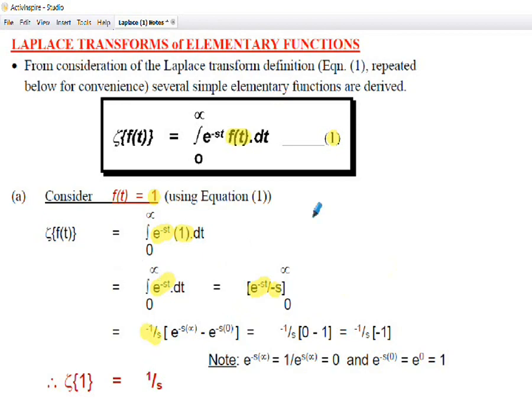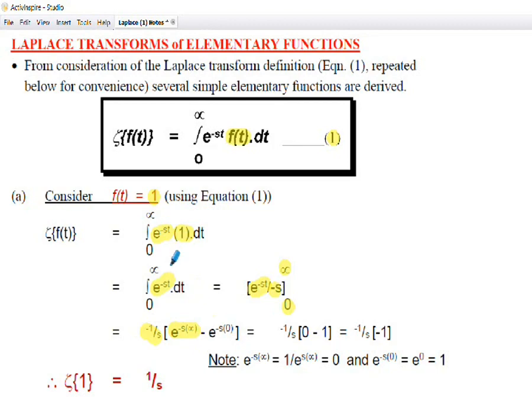and imposing our limits of 0 and infinity into our expressions, the first term here will tend to 0, because don't forget a negative index means reciprocal, so that's actually 1 over e to the s infinity, and if you imagine that we're dividing 1 by a very, very large number, then that will tend to 0.